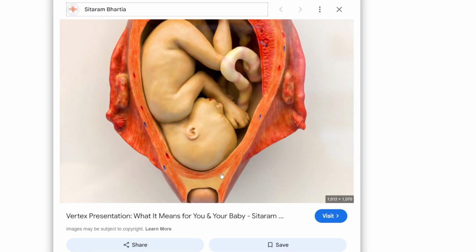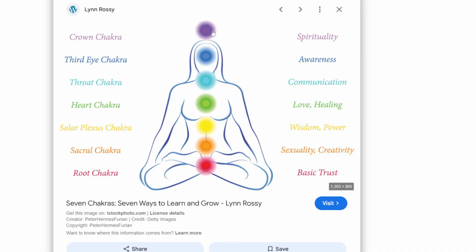It is given that the sperm enters from here, and the child is in the reverse position. So the sperm and egg, whatever fertilization happens inside the woman's body, the head becomes the initial point of the generation. This area becomes the starting point.